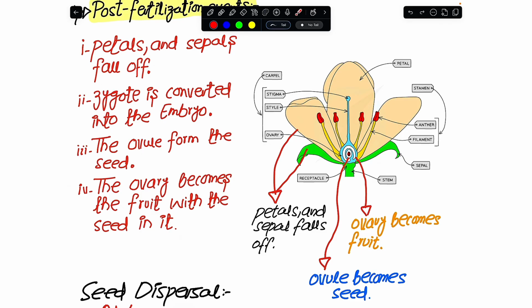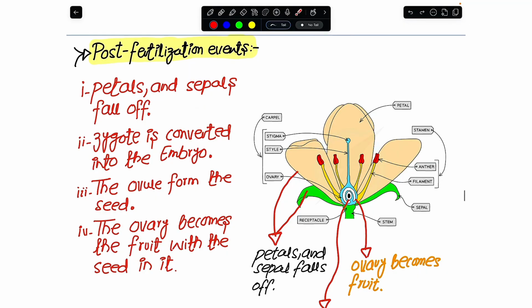And here, in the ovule, by the fusion of the male and the female gamete, we have made the zygote. So the zygote would do many mitotic divisions, and as a result of that, we would make the seed out of it. So this is important: in the post-fertilization events, the petals and the sepals would fall off.